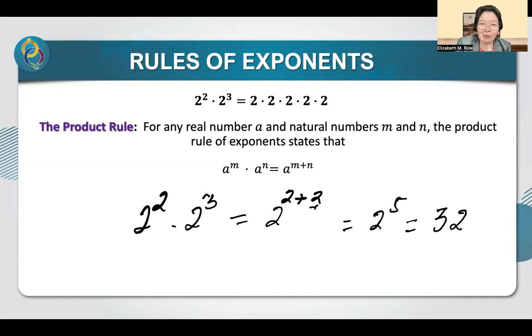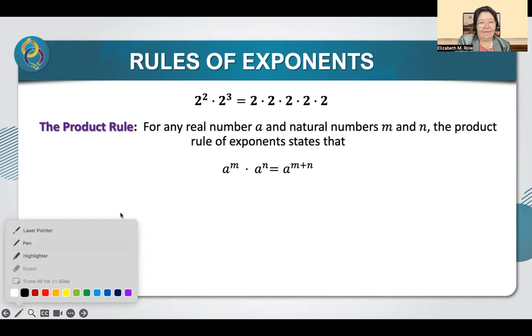That's a very important rule: multiplying bases raised to different exponents is just the base raised to the sum of the two exponents.